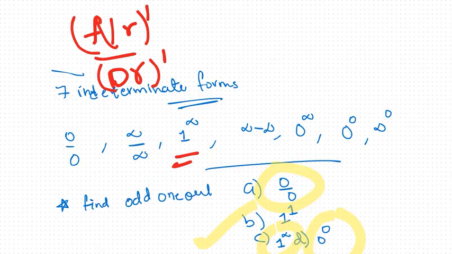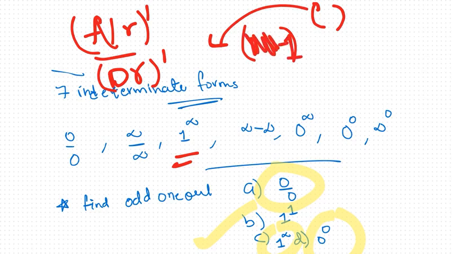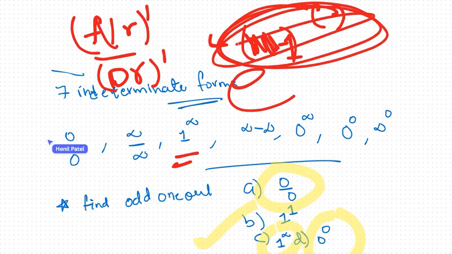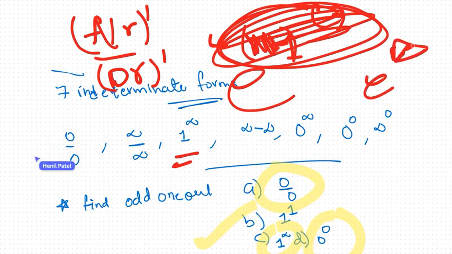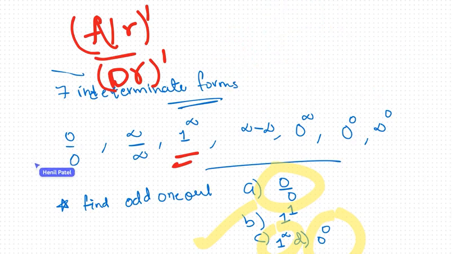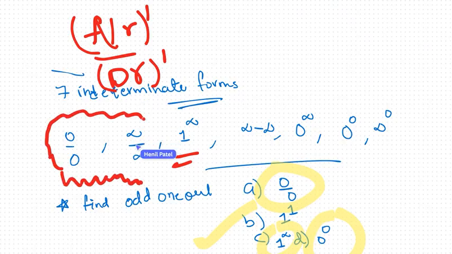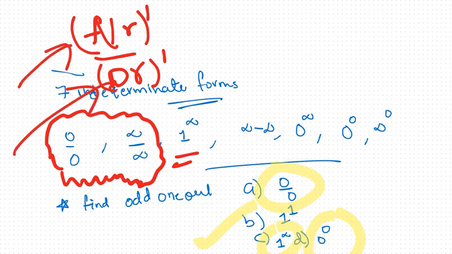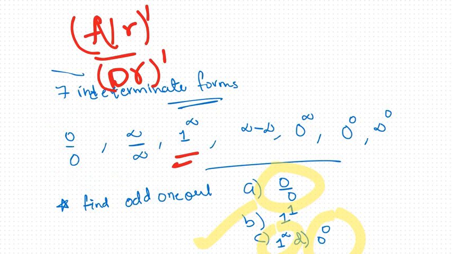For this one, this comes here and then this is subtracted by 1, and then this was all in e power. Whatever answer you get from here, you do e power that answer. Out of these 3, these two follow the same concept: numerator derivative upon denominator derivative.